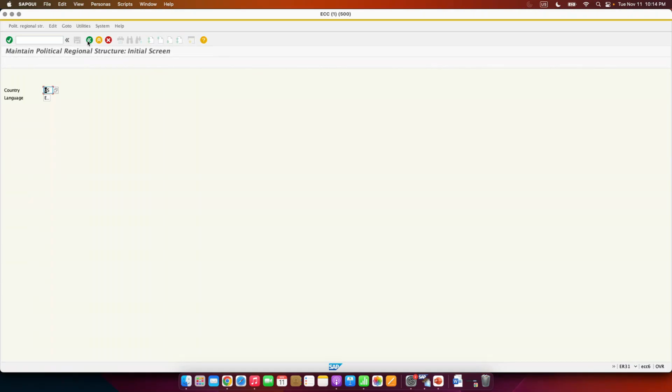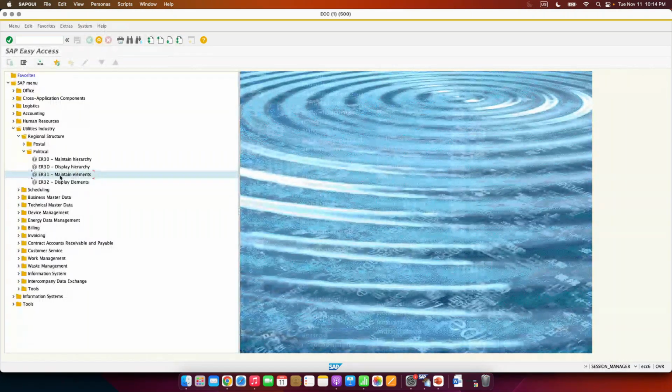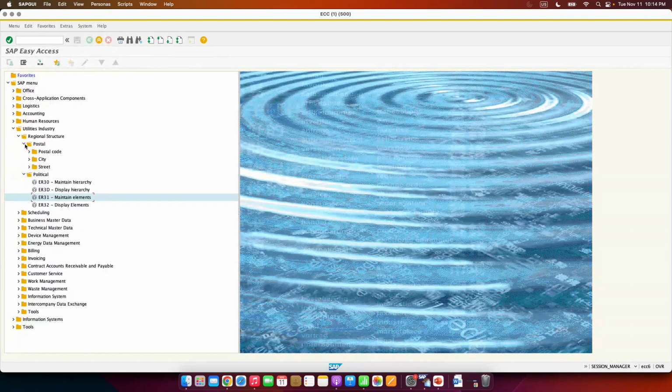When it comes to postal regional structure, you need to maintain... let me show you that. So in postal, you'll come across postal code, city, and streets. Am I clear?